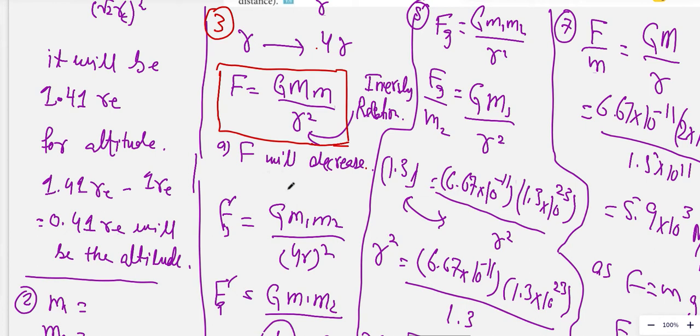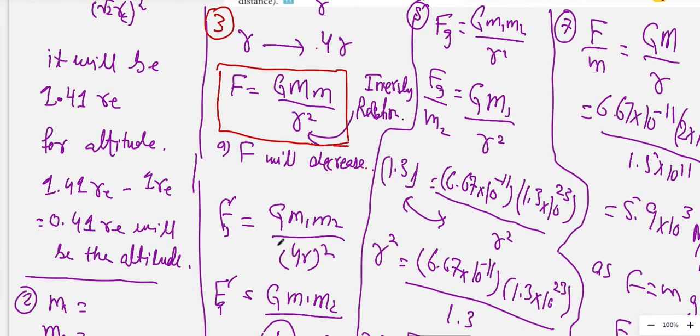Now moving to part B of the same question, by what factor it will change. So F prime, the changed force, is equal to G m1 m2 over 4r square, because the distance is increased by a factor of 4. So r is 4r now.